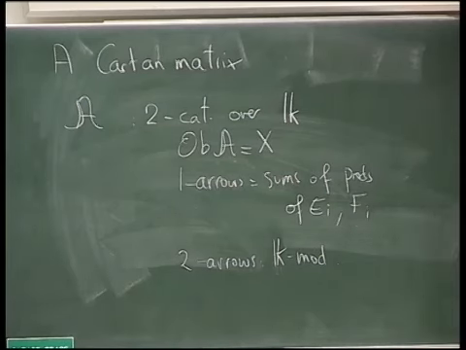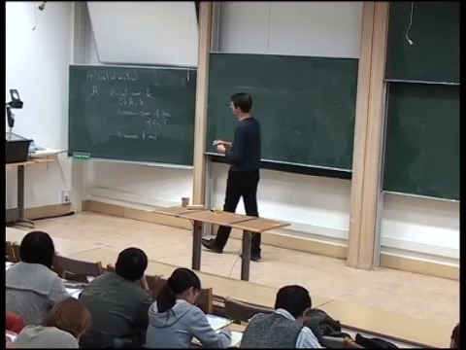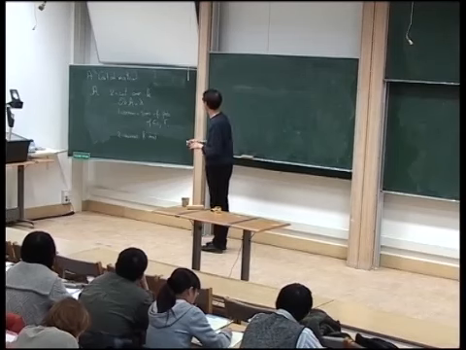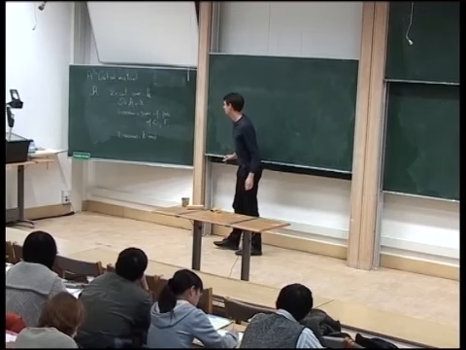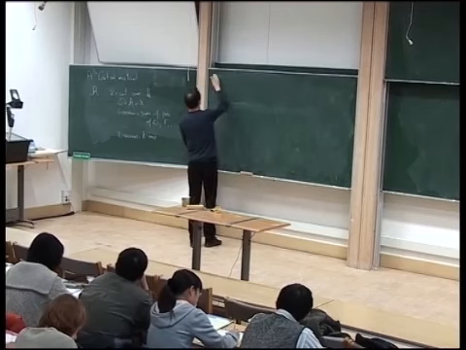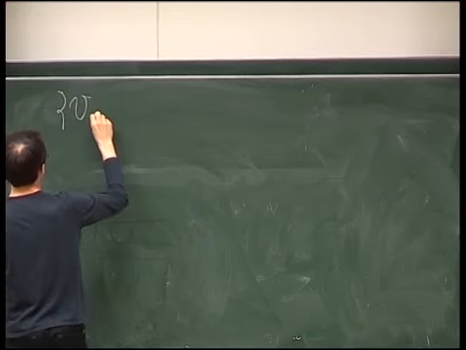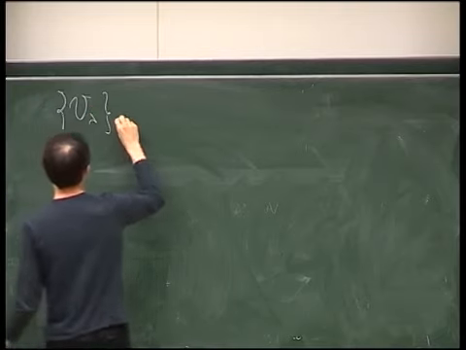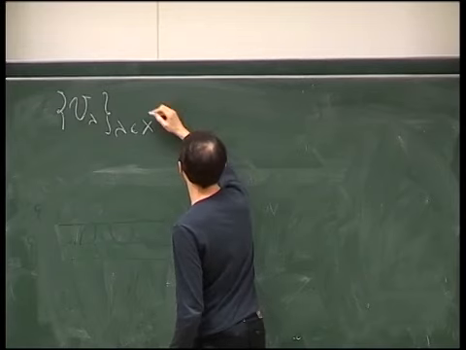So what I would like to explain is what is the representation theory? What does it mean to do representation theory starting with such a two category? So instead of acting on vector spaces, we're acting on categories. And so we'll start with a collection V, so a family of K-linear categories.